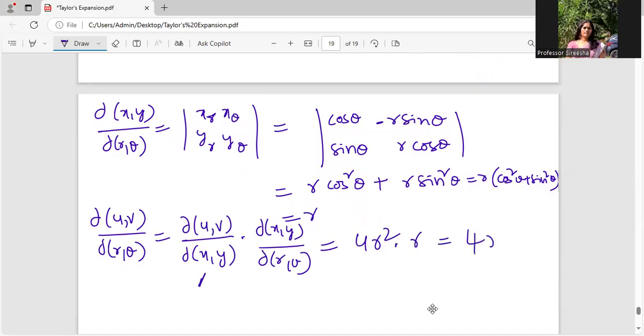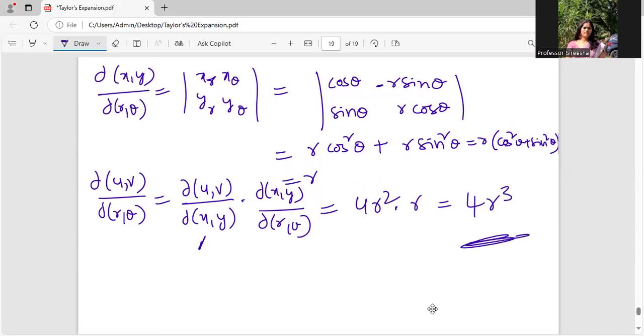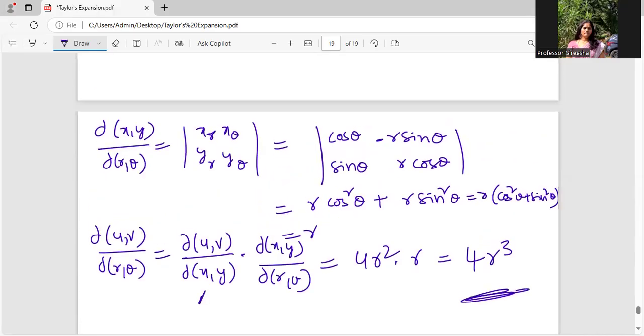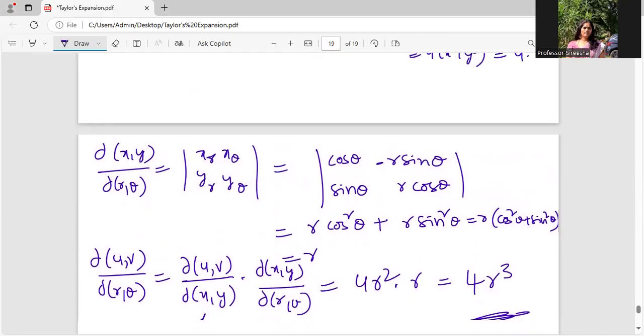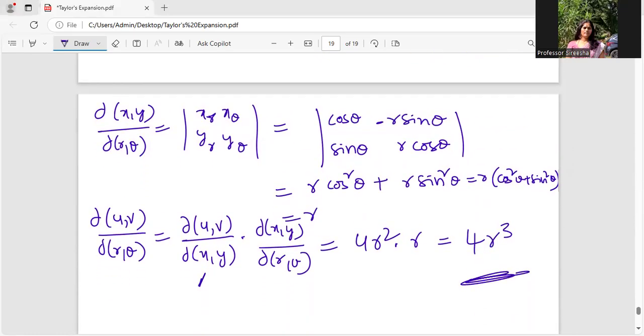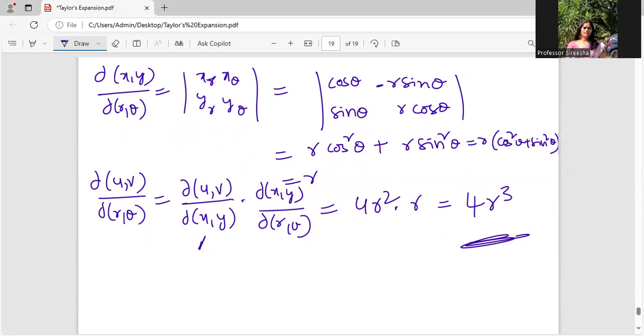So this final value would turn out to be 4r cubed. Okay, this is the answer. This is how I'll find Jacobians. Chain rule of Jacobians is very much important. Okay, and then if determinant turns out to be 0, the functions will have functional dependence.